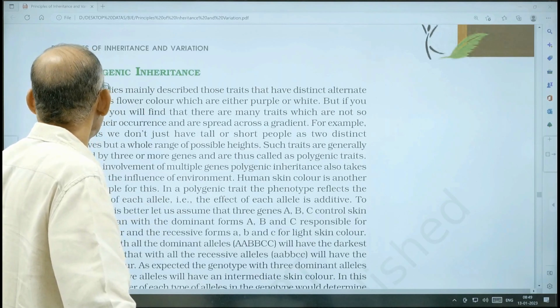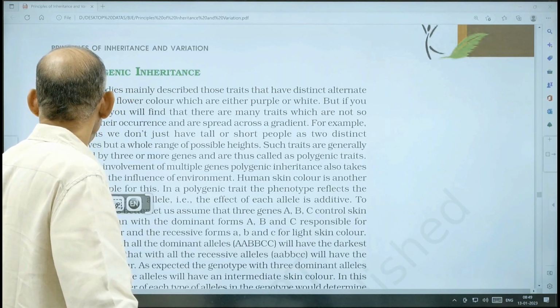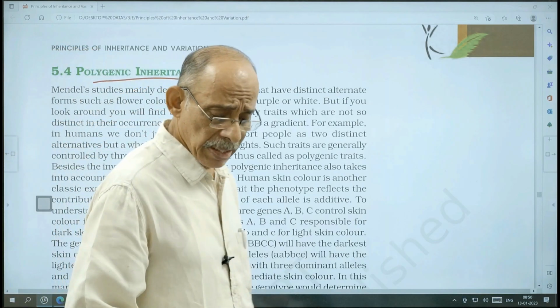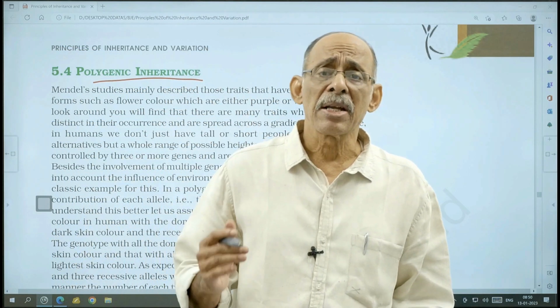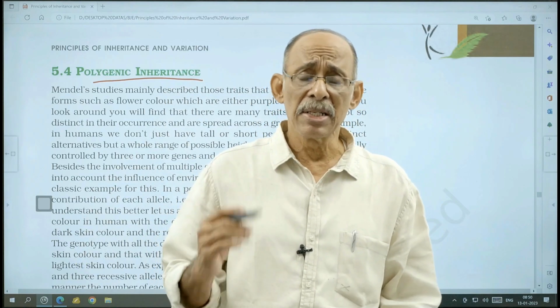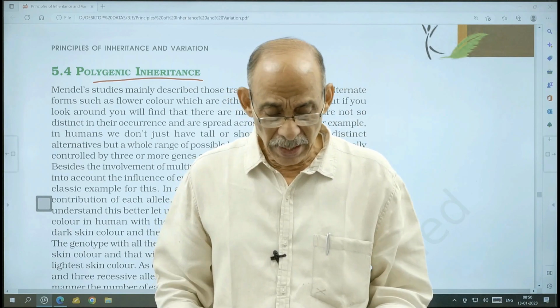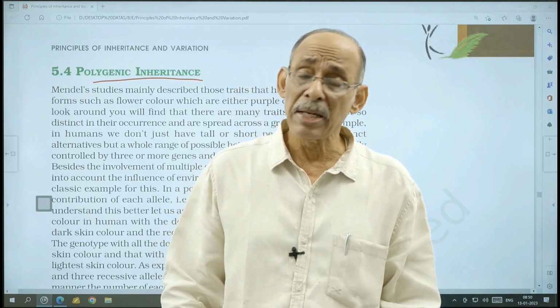Now another modification is polygenic inheritance. In polygenic inheritance, several genes influence a single character. The typical example is skin color in man.